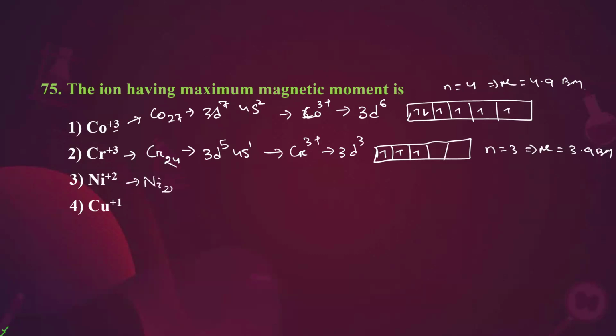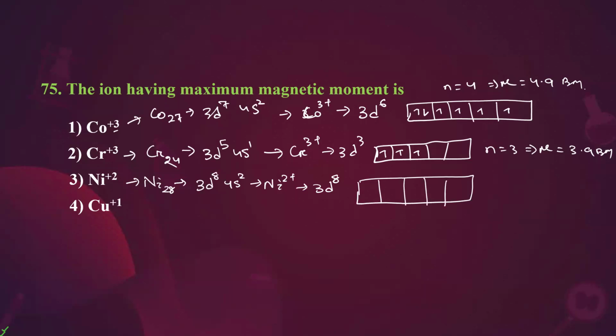Nickel has 28 electrons, that is 3d8 4s2. You need to remove 2 electrons, which will give you 3d8 configuration. The 8 electrons will be accommodated in 5 orbitals like this: 1 2 3 4 5 6 7 8. So the number of unpaired electrons is 2, and mu will be 2.89 or 2.9 BM.